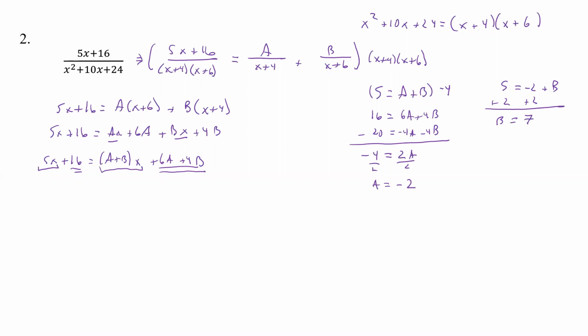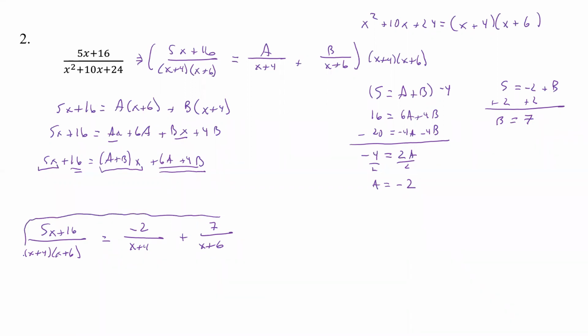So that means I can put those A and B here, and I get 5x plus 16 over x plus 4, x plus 6 equals A, which I said was negative 2 over x plus 4, plus B, which I said was 7 over x plus 6. And that is going to be my partial fraction decomposition of the original given term here.